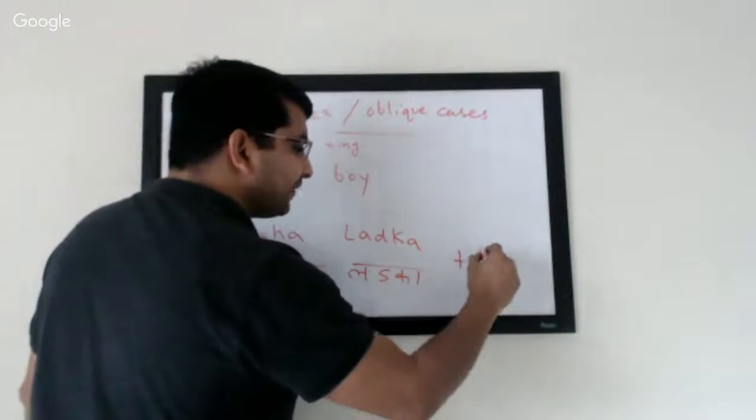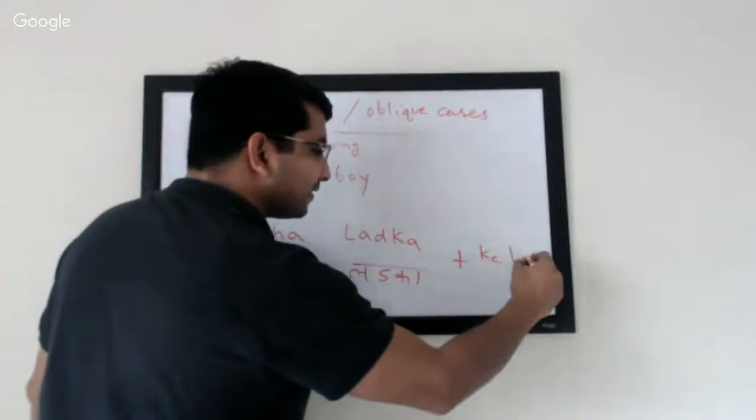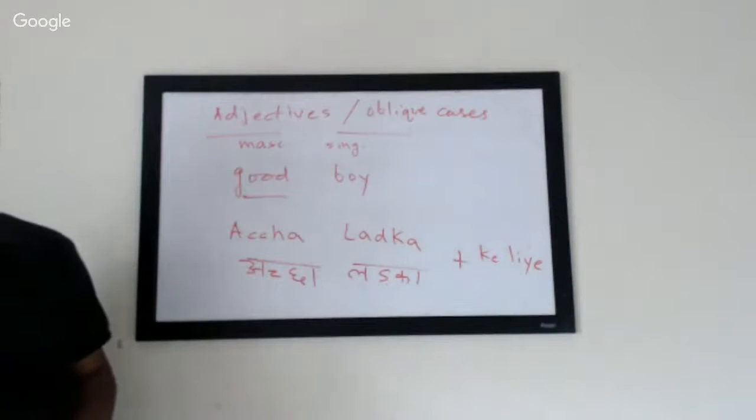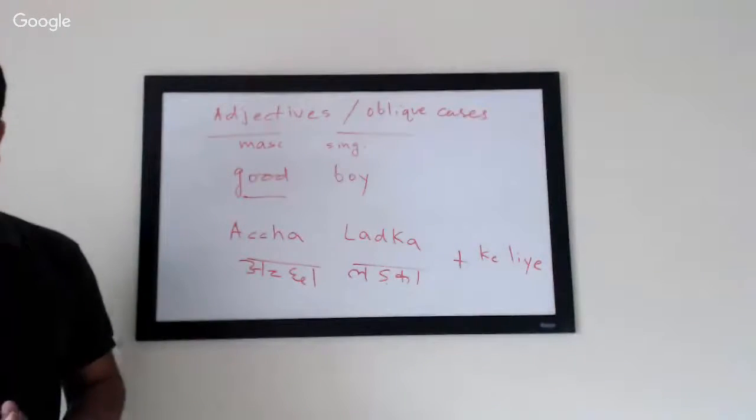Now, if I were to ask you, how will it change if I have ke liye after that? I want all of you to try it or write it down in your notebook.